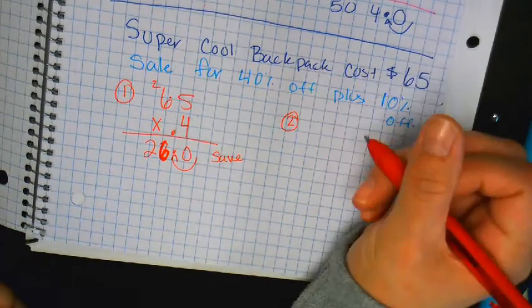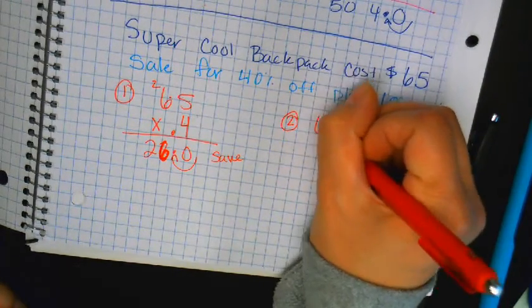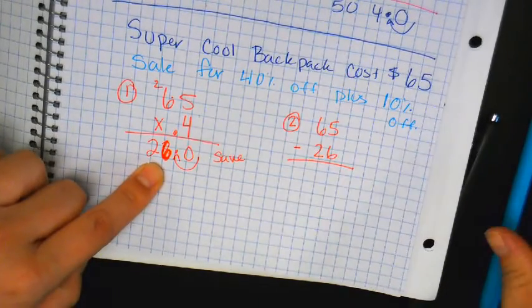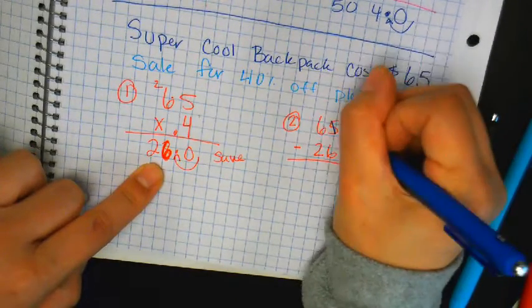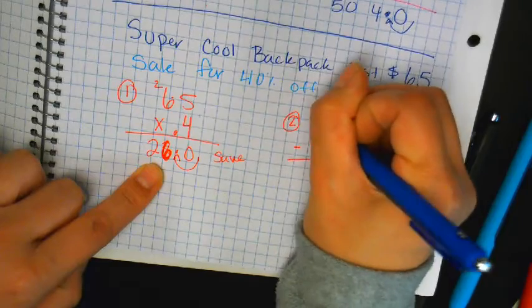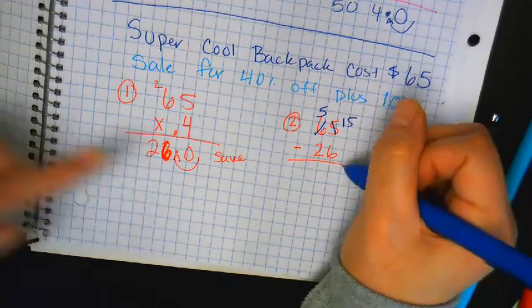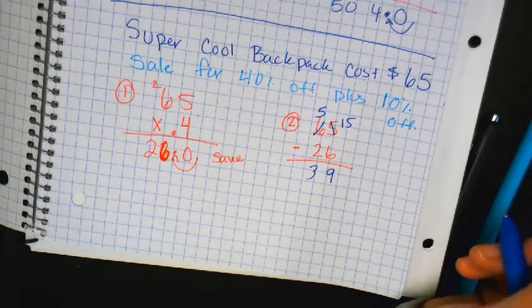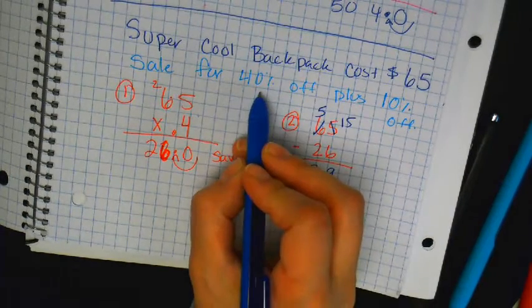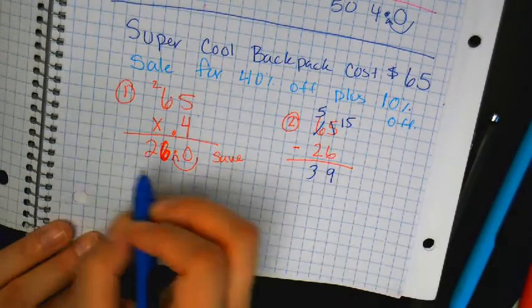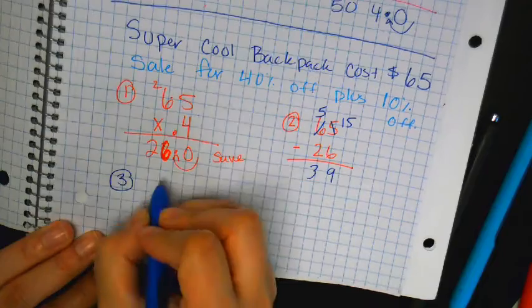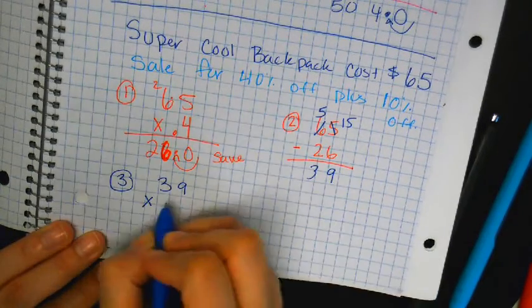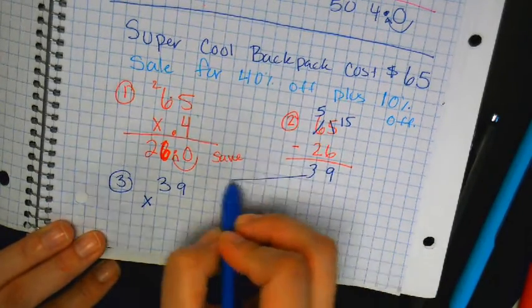Then, second step, 65 minus 26. This gives us 39. All right, that's our first percent. Now we have to do the second percent. So 39 times, your new price, 0.1.